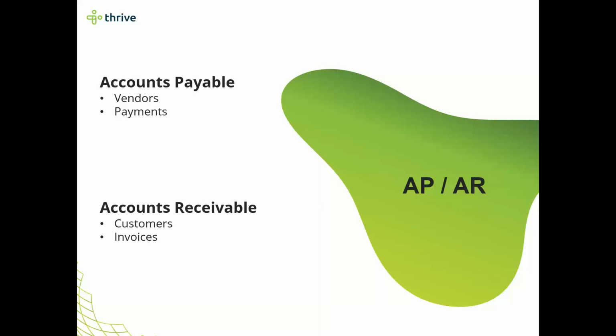Okay, moving on to accounts receivable. All right, for accounts receivable, the things that we'd look at archiving here are customers, as well as the invoices. Now with customers, it's pretty much the same sort of thing as the vendors for AP.